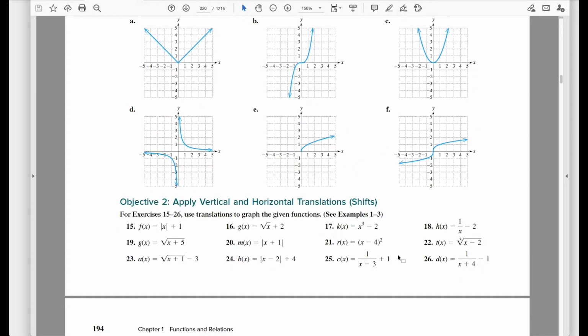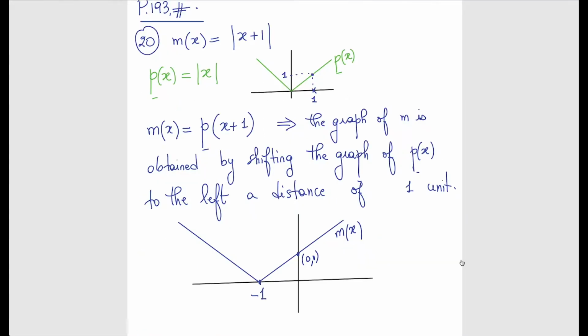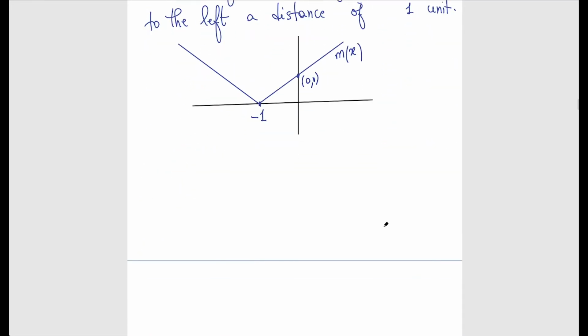How about now 22? How about this one? T of x is the third root of x minus 2. Okay? So 22.